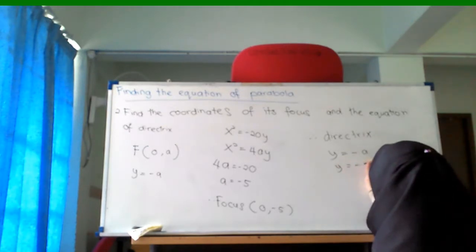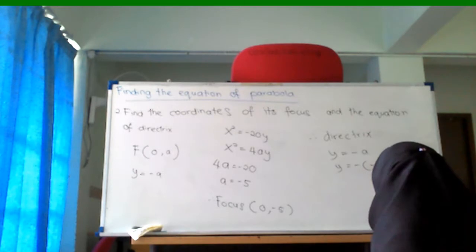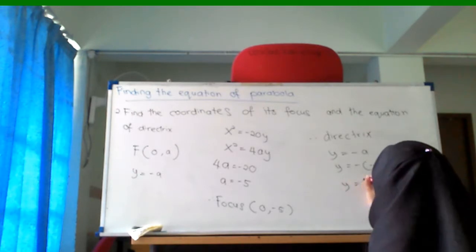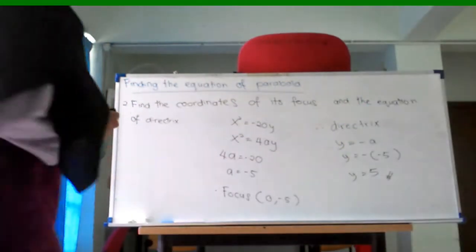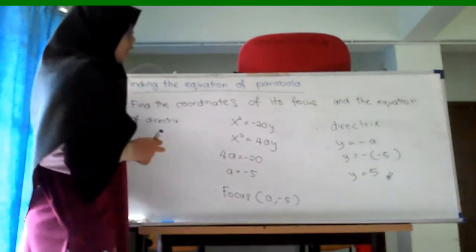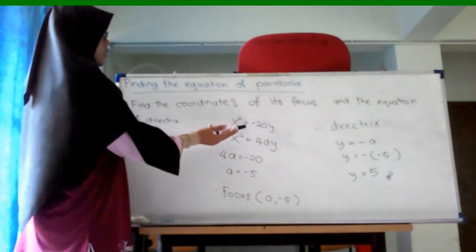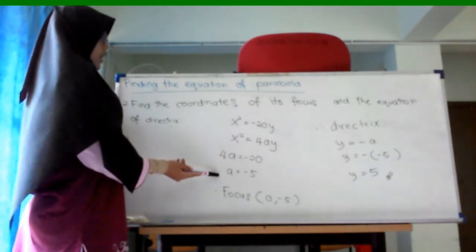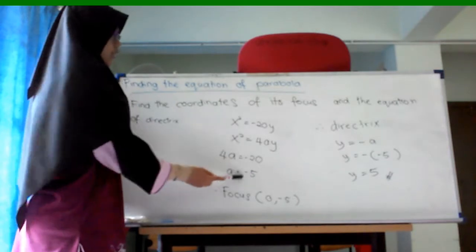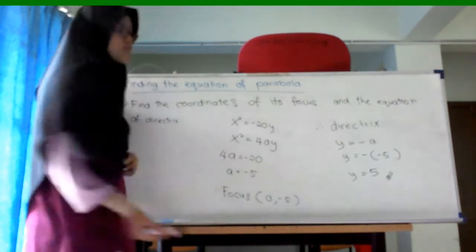Then we get the equation x squared is equal to negative 20y, with a equal to negative 5 and the directrix y equal to 5. And we know that the vertex is at the origin. We can easily draw the parabola.